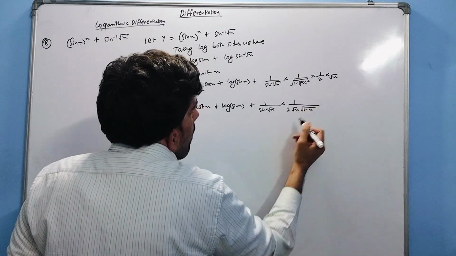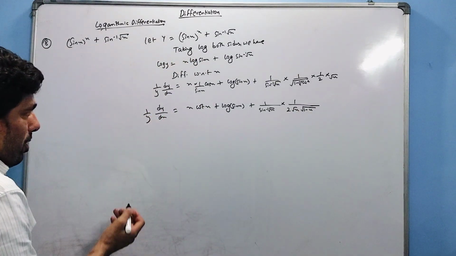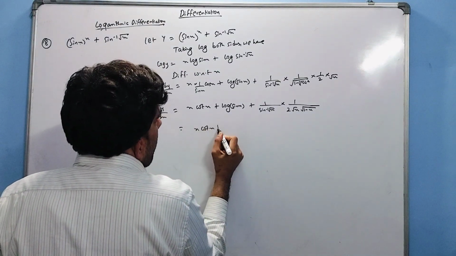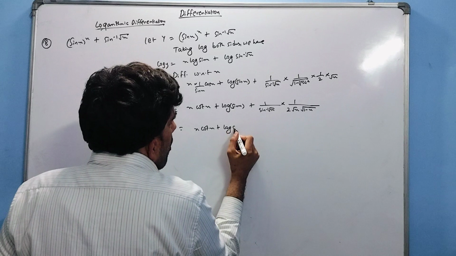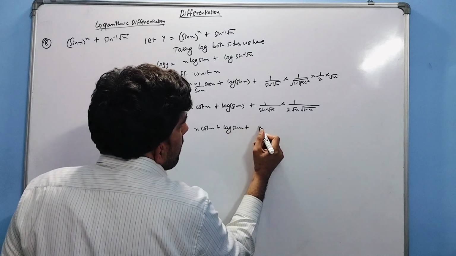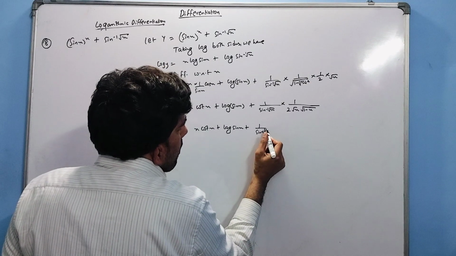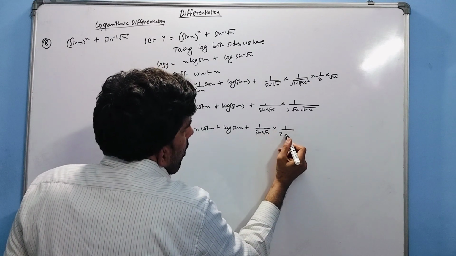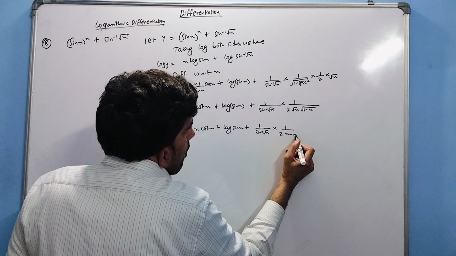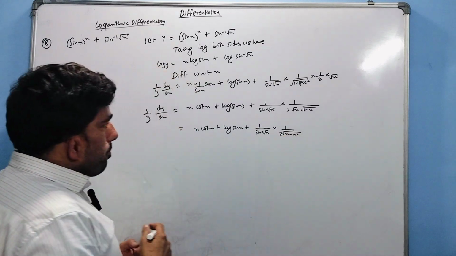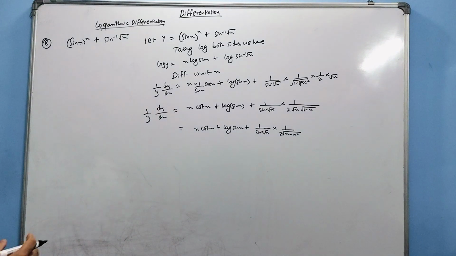So now we can write x cot x plus log of sin x plus 1 upon sin inverse root x into x minus x square inside. Now put the value of y there.